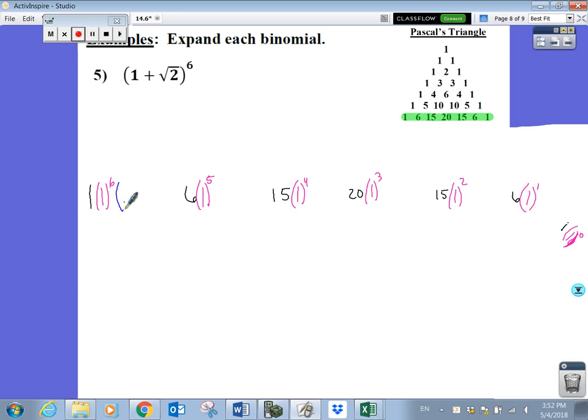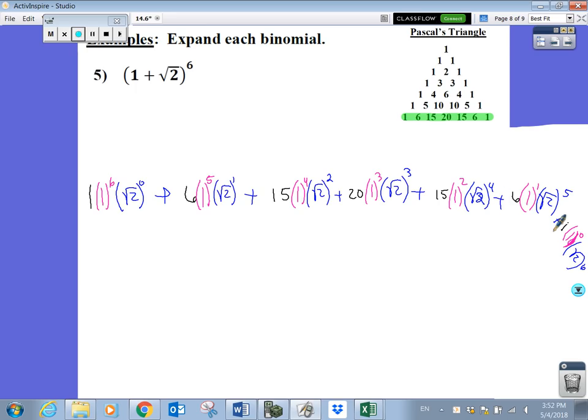So we're going to start out with root 2 to the 0, root 2 to the 1, squared, third, to the 4th, to the 5th. So remember, the first term you start with 6, the exponent, and go down to 0. The second term you start with 0 and go up to 6. And then we have plus, plus, plus, plus, plus, and plus.